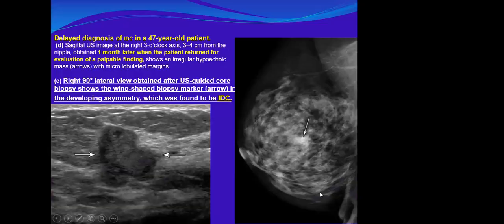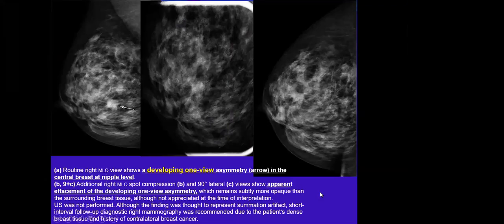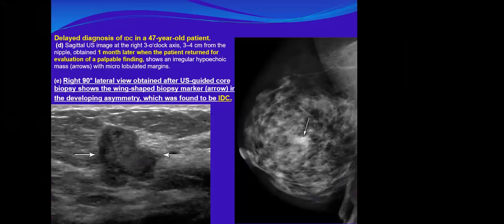Yes. Ultrasound at that time, this was one of the missed cases. At that time, they did not do ultrasound, but because of dense breast, they recommended 6 months follow-up. But after 1 month, the patient presented with a palpable abnormality and ultrasound demonstrated an irregular indistinct mass. Biopsy was done, and it was invasive ductal carcinoma.